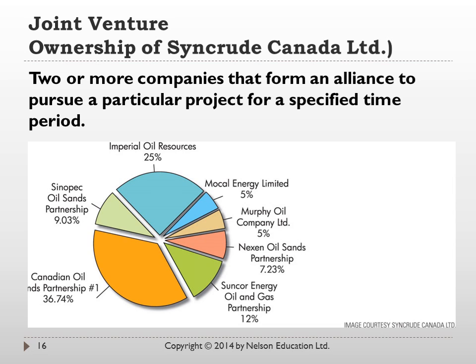So farmers, for instance, potato farms, may form a joint venture, and these different potato farms that are all incorporated will form a joint venture for the purpose of building, for instance, storage facilities to house the potatoes in. And so each of them would contribute certain capital and expertise into the joint venture to operate this potato storage facility. So joint ventures, again, are common, but again, they're not really a separate entity in the eyes of the law.